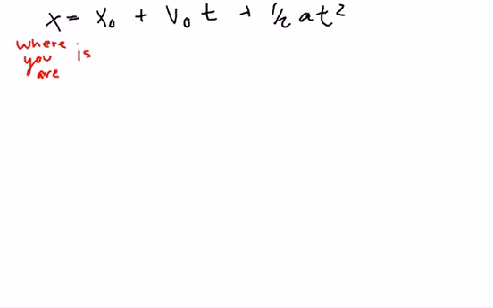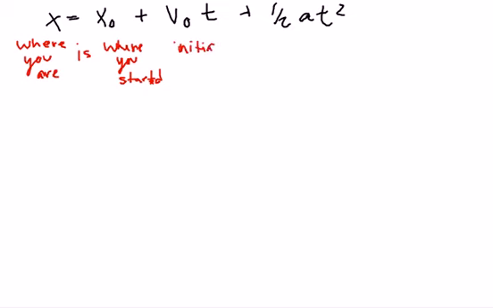So where you are is x naught, the initial position, where you started, plus, and your velocity times how long you ran for.